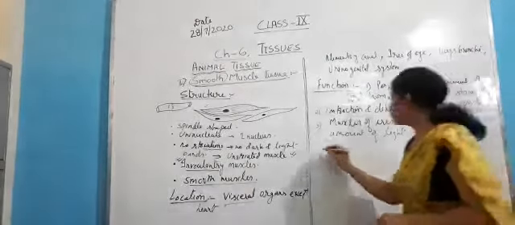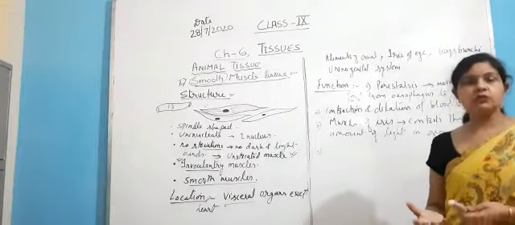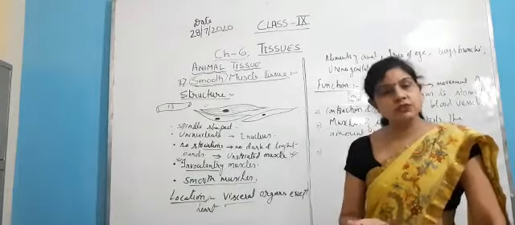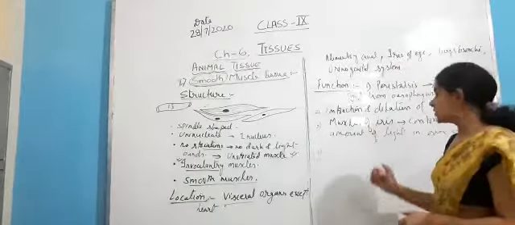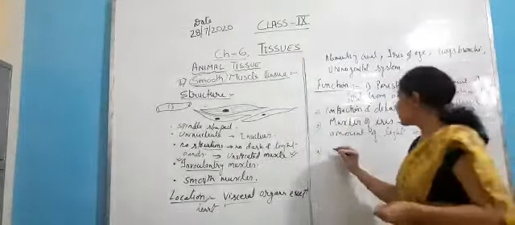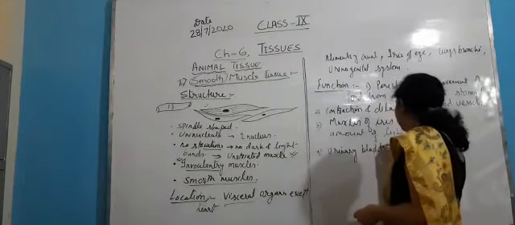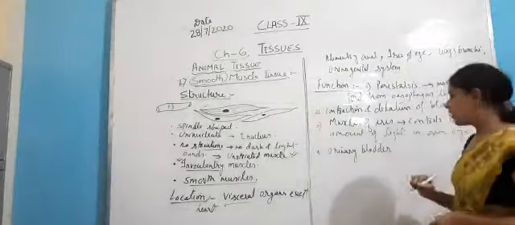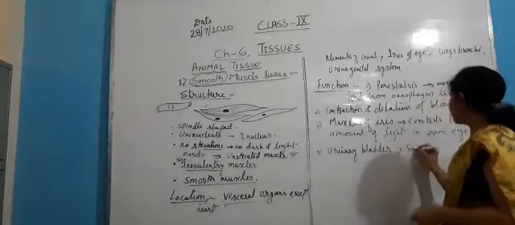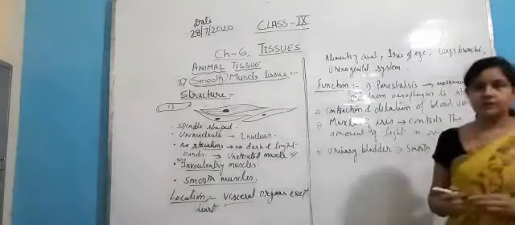After that I told you that another function is the micturition process. Micturition means the release of urea, or nitrogenous waste, from the body. That also occurs due to the contraction and relaxation of the urinary bladder, which is done by the smooth muscles.